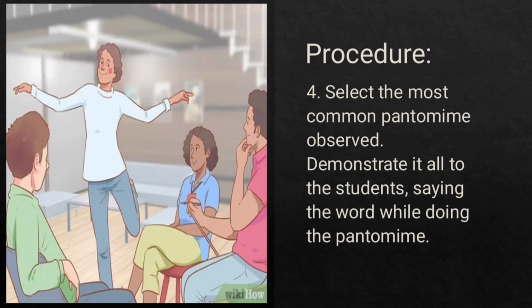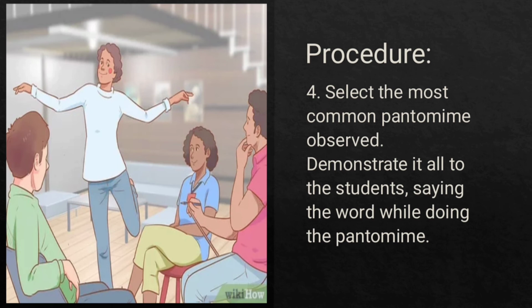Procedure number 4. Select the most common pantomime observed. Demonstrate it all to the students, saying the word while doing the pantomime. So, of course, since the teacher is observing the students while they are doing the gestures, the teacher can notice who is the great hand gestures performer in the class.